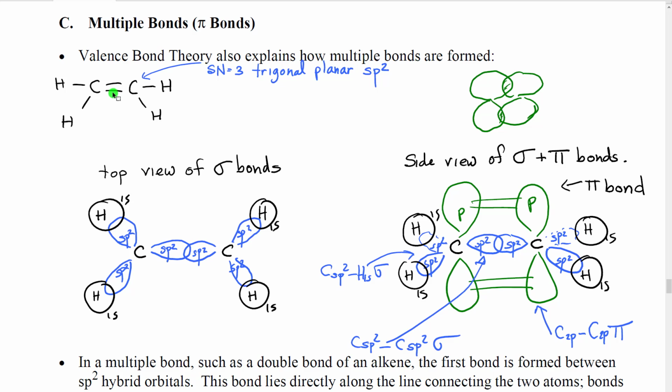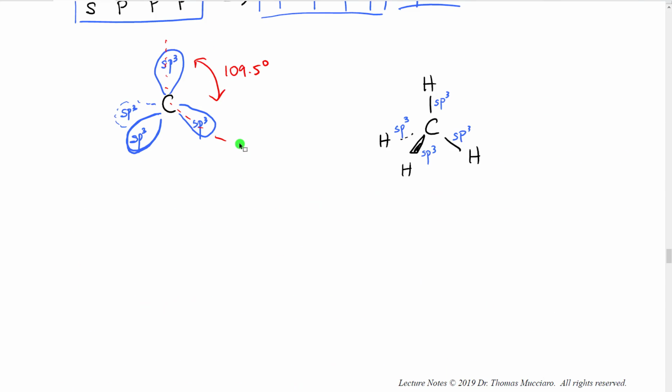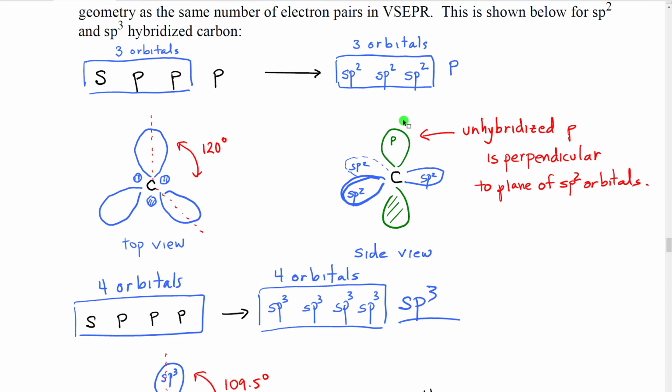Technically it's eth-1-ene, but we don't need to put the number in, so it's ethene. Now, what's going to happen here is we're going to need to have trigonal planar carbon atoms, right? Because we know from VSEPR that it should be trigonal planar. To get trigonal planar, we're going to need to use sp2 hybridized carbon like this.